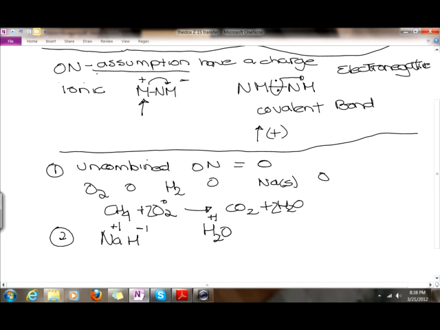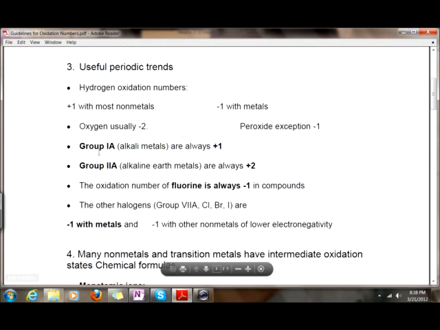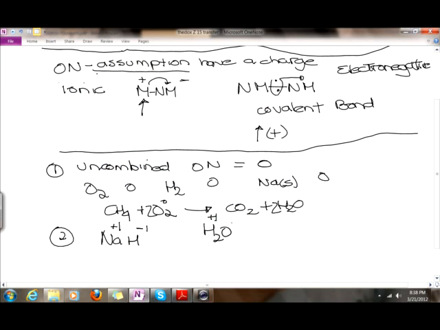Since I mentioned water, let's get into another very important trend. Oxygen is usually -2, except in peroxides. Of course, as I said, the first rule is uncombined is 0. But if the element is combined, then we look for the second, third, fourth rule, which give you useful periodic trends.